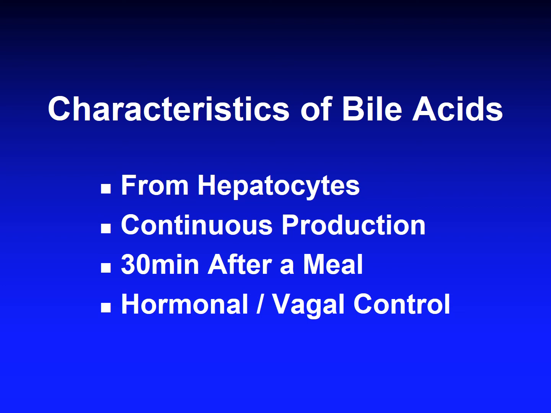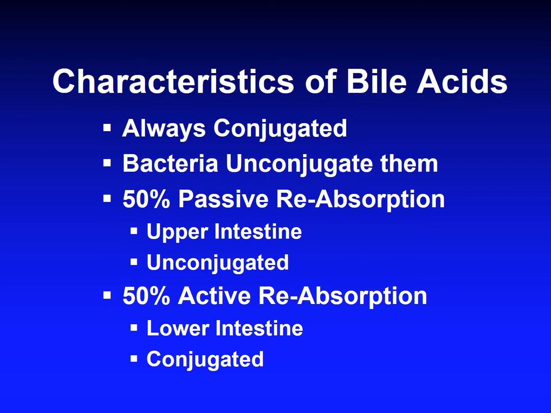So what are the main characteristics of these bile acids? I mentioned earlier that they're always conjugated. Bacteria unconjugate them for a while, and then 50% of them are passively reabsorbed, especially from the upper intestine, and they are unconjugated, and 50% are actively reabsorbed from the lower intestine, and they are conjugated.